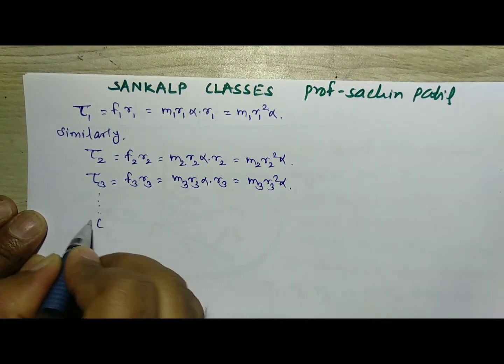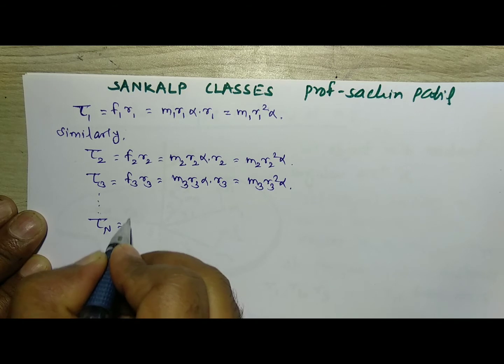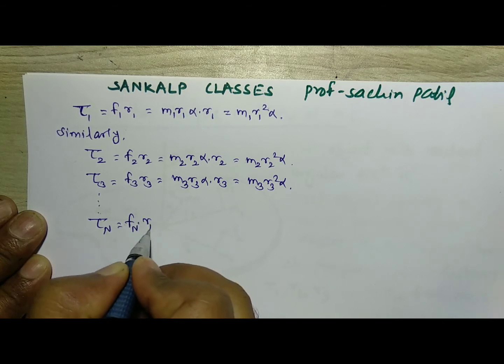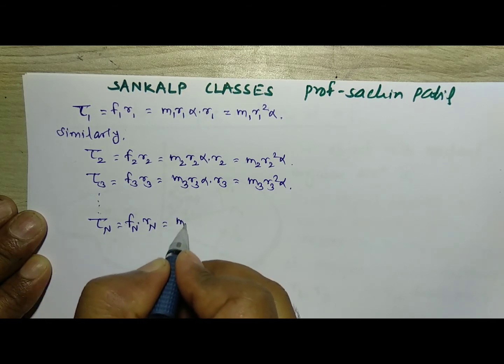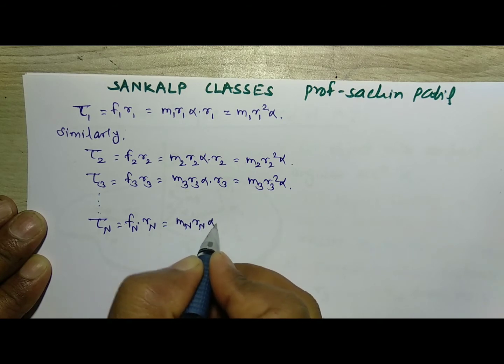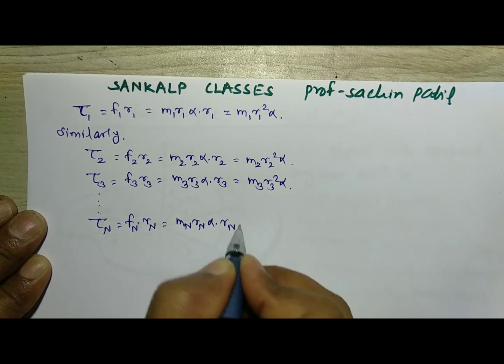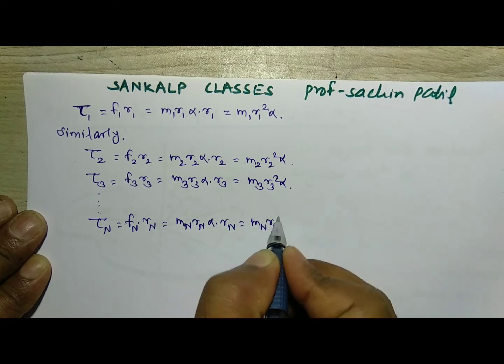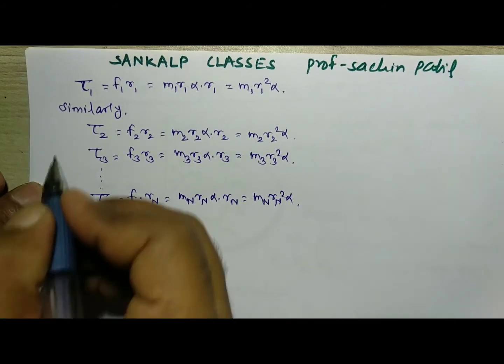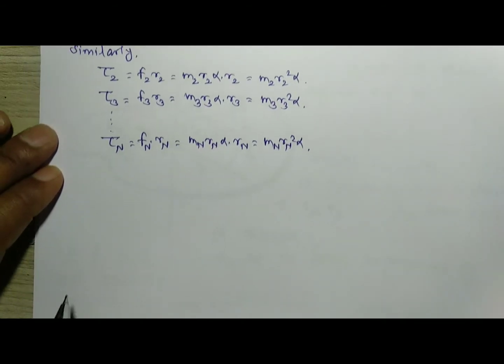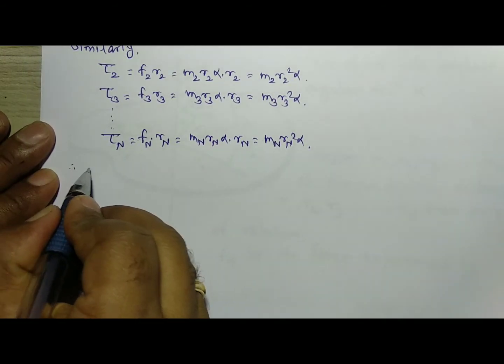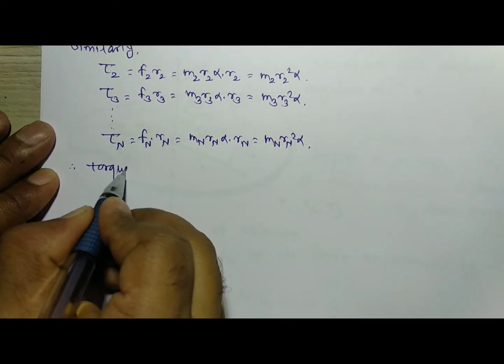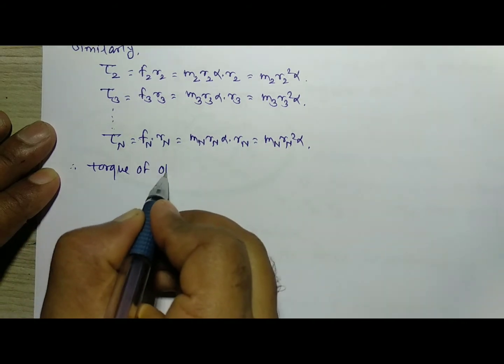Similarly, tau n is equal to Fn into Rn, equal to mn Rn alpha into Rn, and therefore mn Rn square alpha. Those are the torques related to each particle.